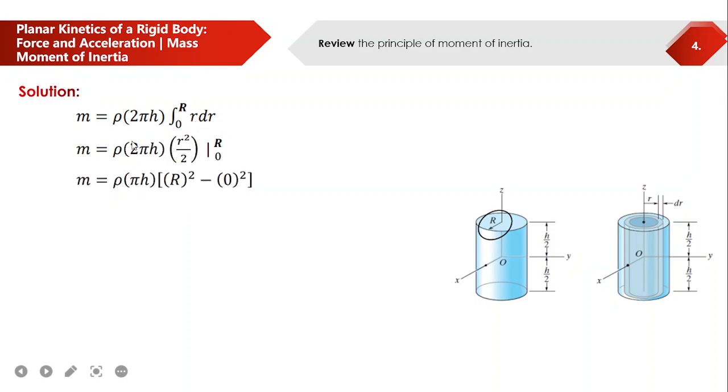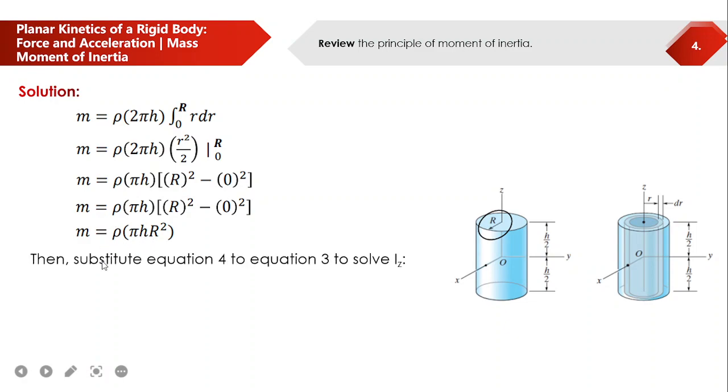Cancel out the 2, so what remains is rho times pi h, r squared minus 0 squared. So m is equal to rho times pi h r squared. That's how you solve for your mass.